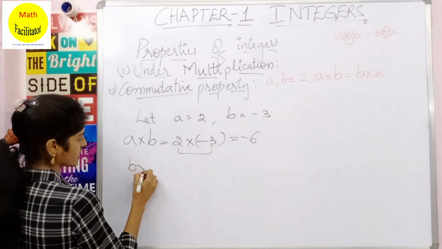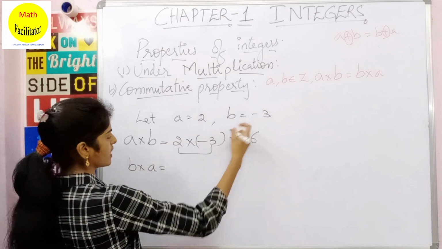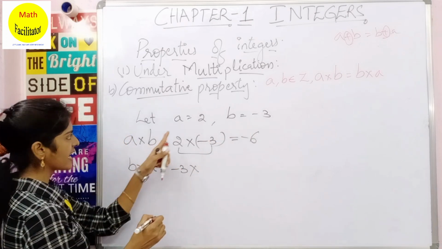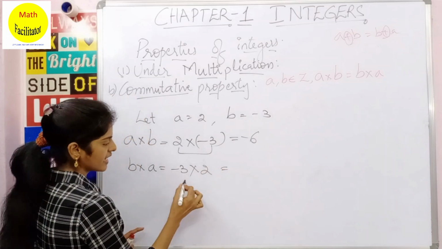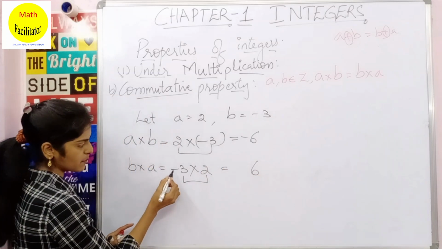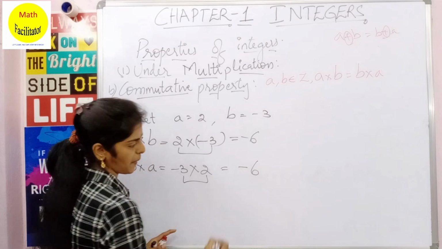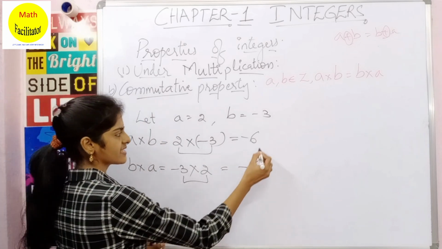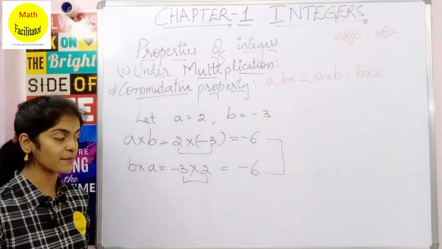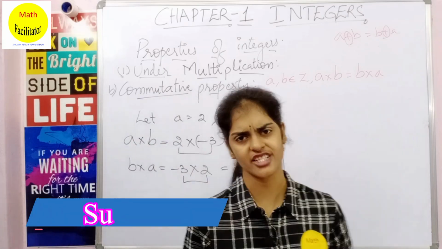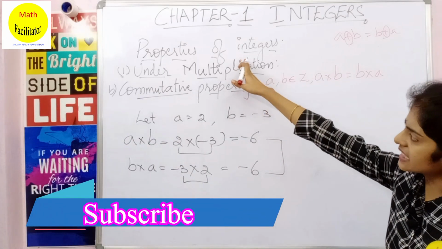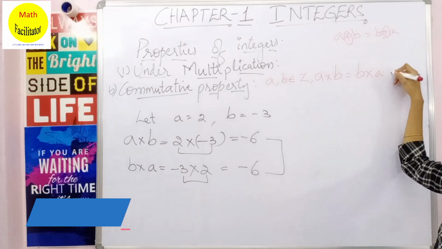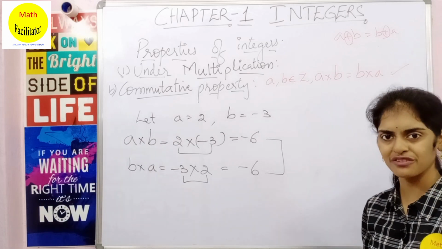Now let us check B into A. B is minus 3 into A is 2. 3 2s are 6, and again minus into plus gives you minus. You can see that the two answers are the same. That means LHS is equal to RHS. So we can say that integers are commutative under multiplication. This property holds good for integers.